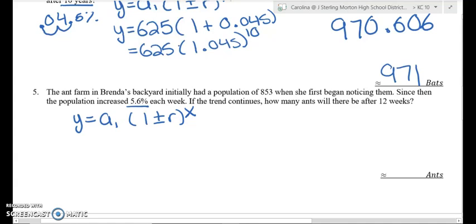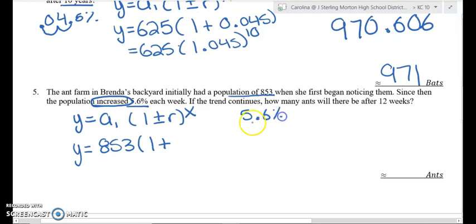Again, the problem gives me the information I need in order to solve this problem. Y equals a sub 1, which is where the population began, 853, parentheses 1. Since it increased, I'm going to add 5.6% is written as 0.056. And I'm going to raise it to 12 because they want us to figure out after 12 weeks.